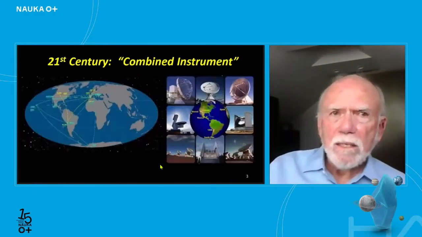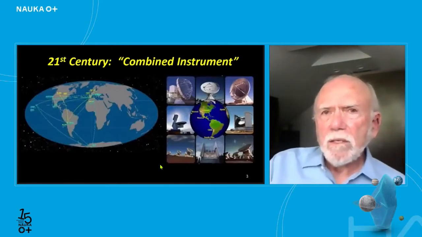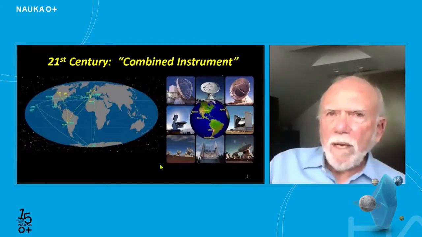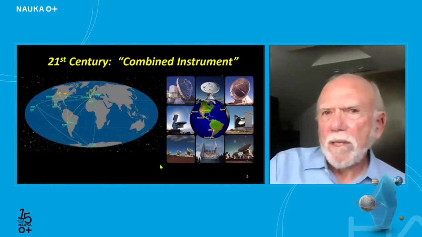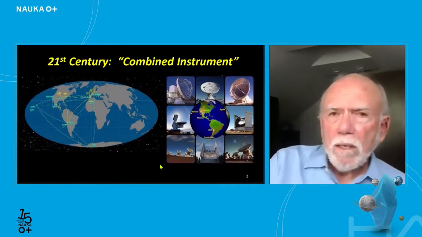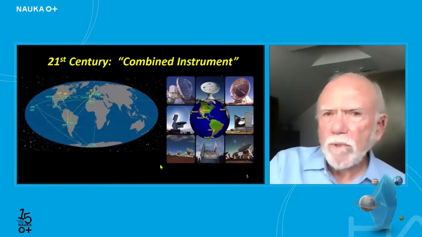We've gone beyond that even. What we've seen already in the 21st century is not just looking at different wavelengths, but how to combine instruments that are in different places in the world. The dramatic example of that was done last year when radio telescopes, about 7 of them from around the world, were combined together.